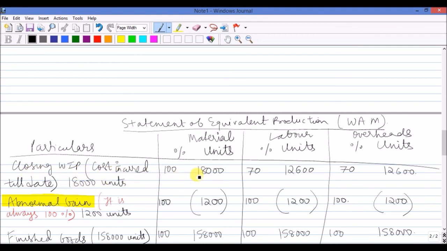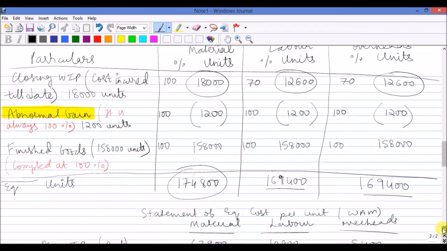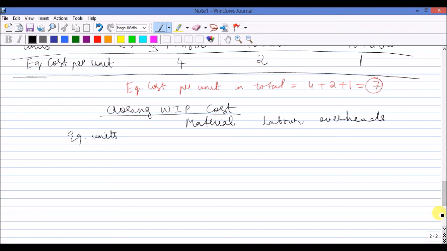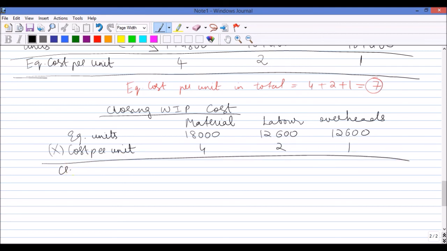The closing work in progress is 18,000 units of material, 12,600 of labor, and 12,600 of overheads. Then we have to multiply by the cost per unit, which is the equivalent cost per unit. Here you have 4, then 2, and then 1. So you're going to get the closing work in progress in rupees.